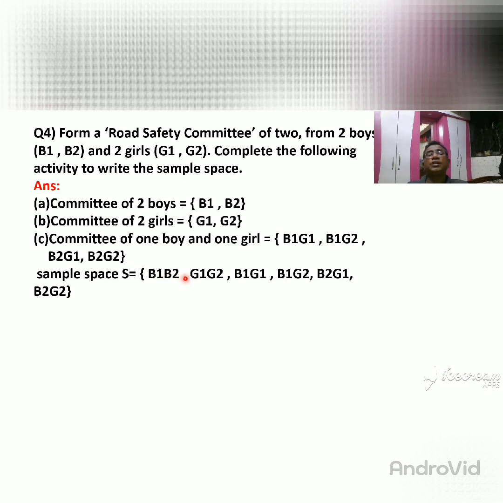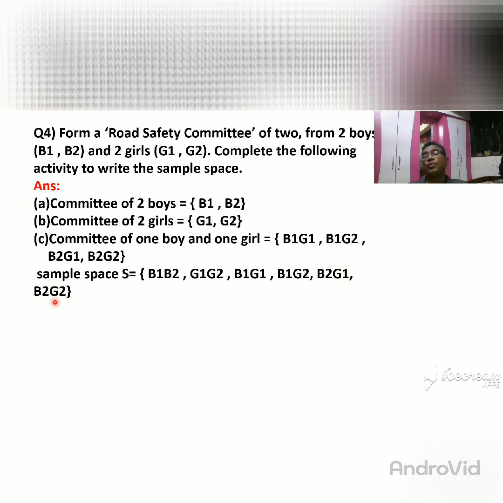After that, G1, G2: purely boys is the first committee, purely girls is the second committee. Then the committees written here: B1 G1 and B1 G2, after that B2 G1 and B2 G2.